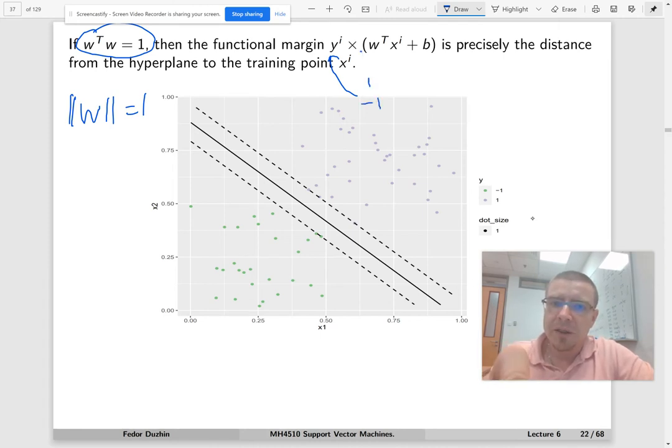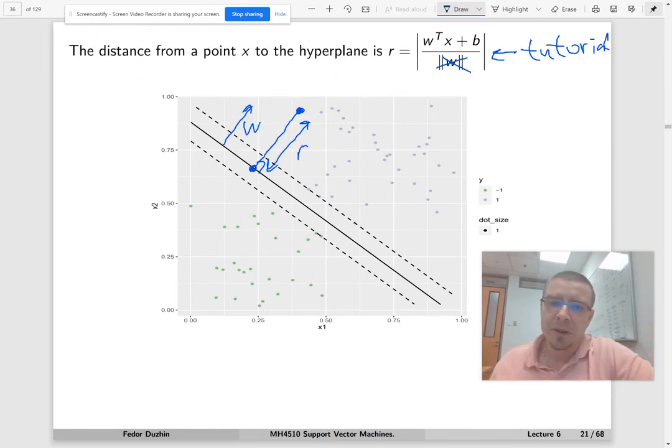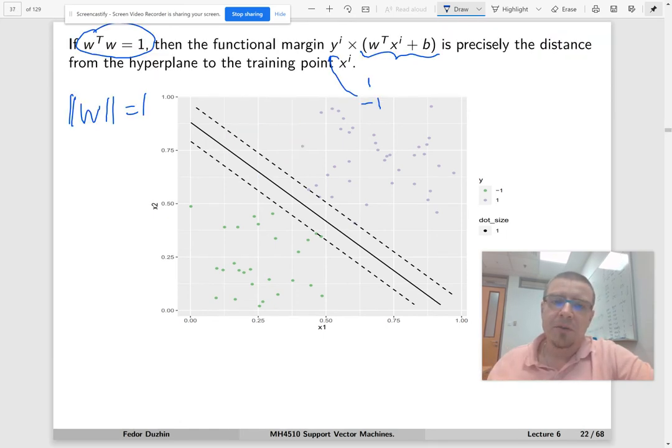It is 1 if the other term is positive, and -1 if the other term is negative. So in either case, when we multiply yi by this, we get the absolute value of this term. This means that our functional margin is precisely Ri, the distance from our training point to our separating hyperplane.